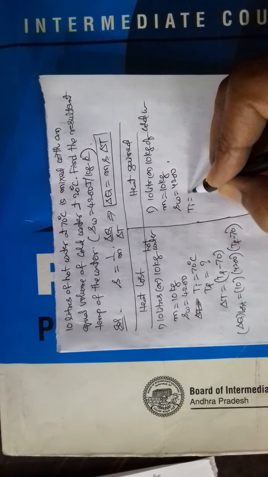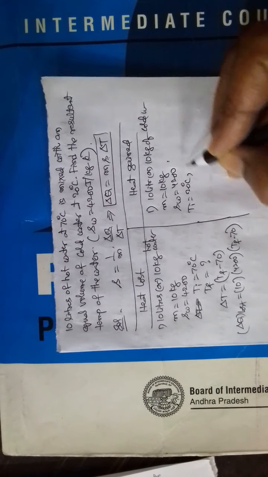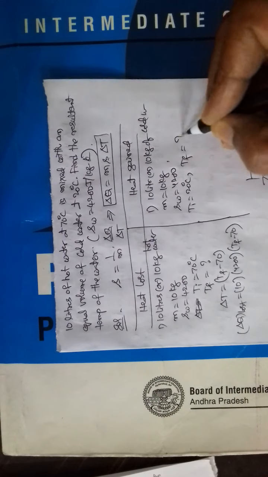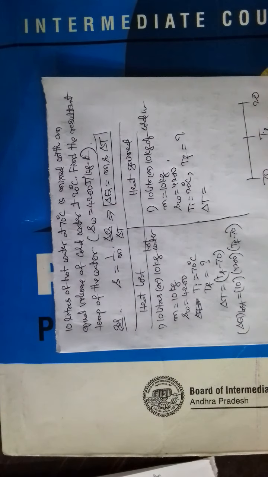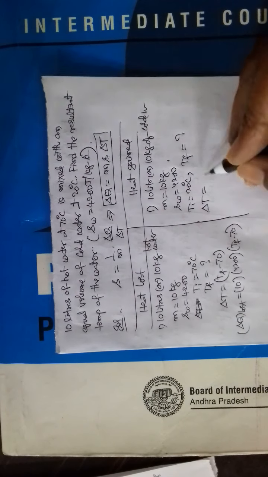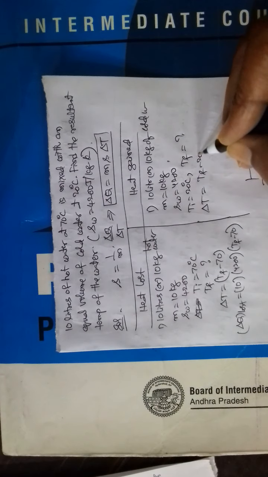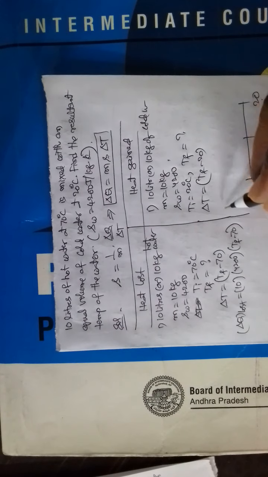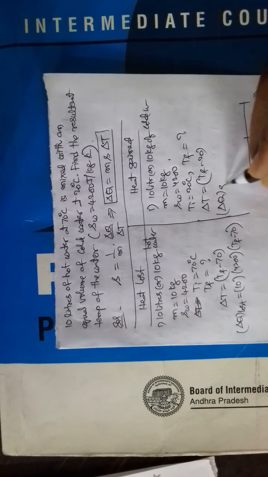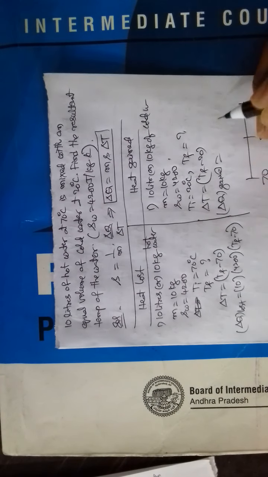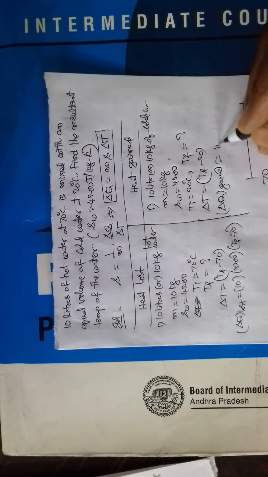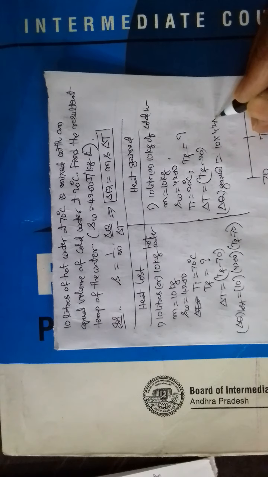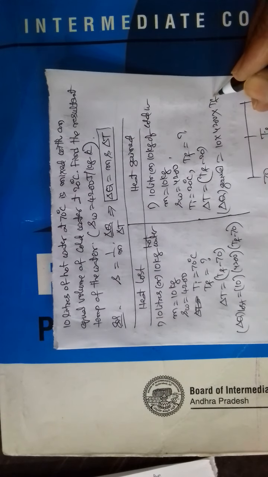Ti is 20 degrees centigrade, TF we don't know. Change in temperature is TF minus 20. Gained: ms delta T, 10 into TF minus 20.